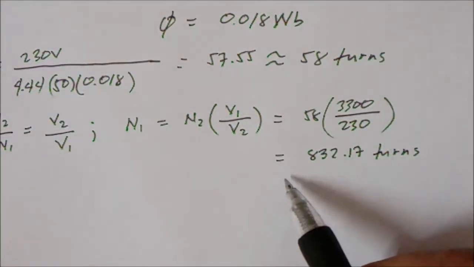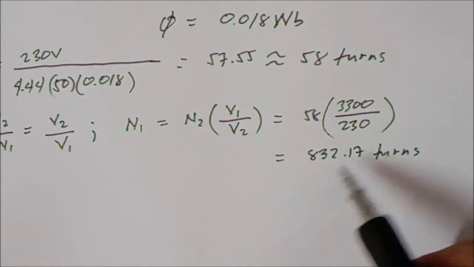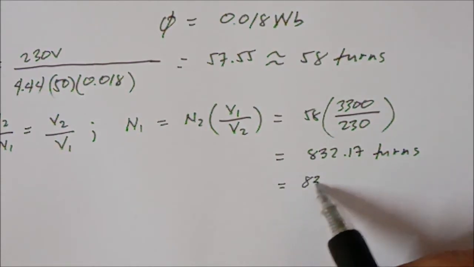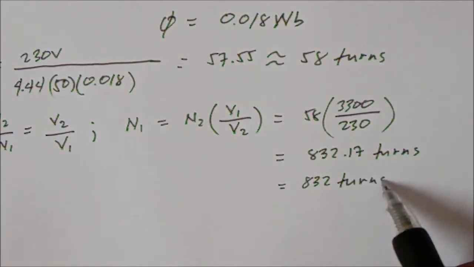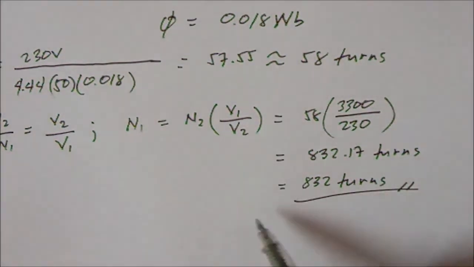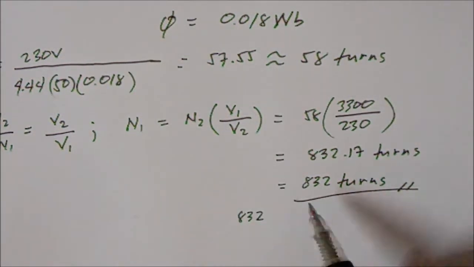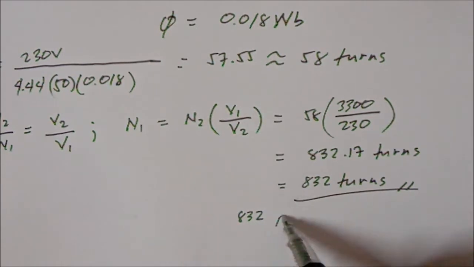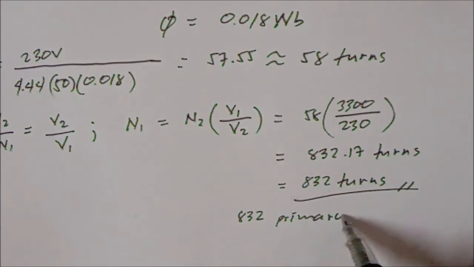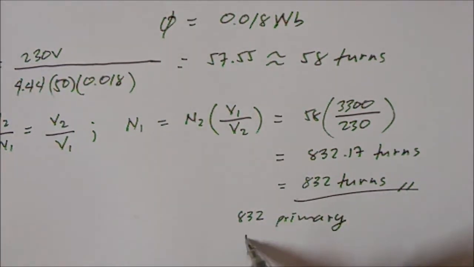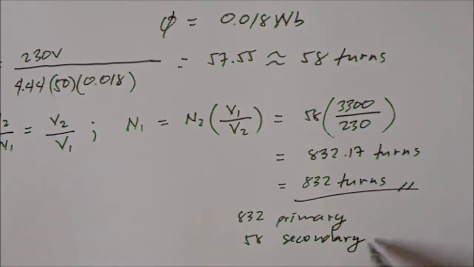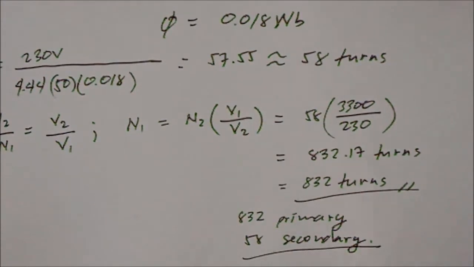Siyempre, i-round off na lang natin, 832 number of turns. Yun ang sagot. So, we have 832 primary and 58 secondary. So, yun na po.